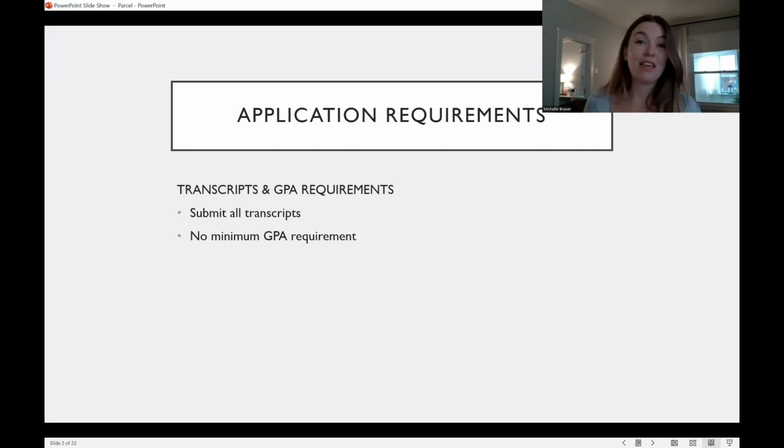Maybe they went through something very challenging while they were in their undergrad, and that led to a reduced GPA. But even though it led to a lower GPA, that experience developed their resilience and reinforced their desire to pursue social work. So that's what they mean when they say they are looking at applications holistically.